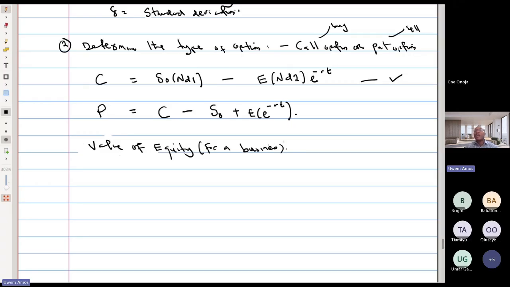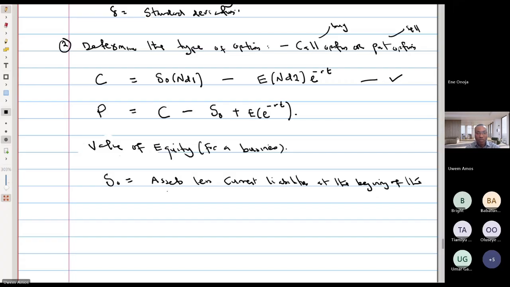So whenever you're trying to value equity, your SO, which is the current market price, would basically be your total assets less current liabilities at the beginning of the year. And your E would be the market value of the debt.